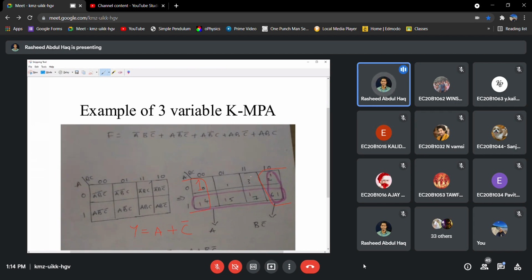So if we are taking your method, the ones will come here. So we cannot group like this, and we will be grouping separately, like this and like this.